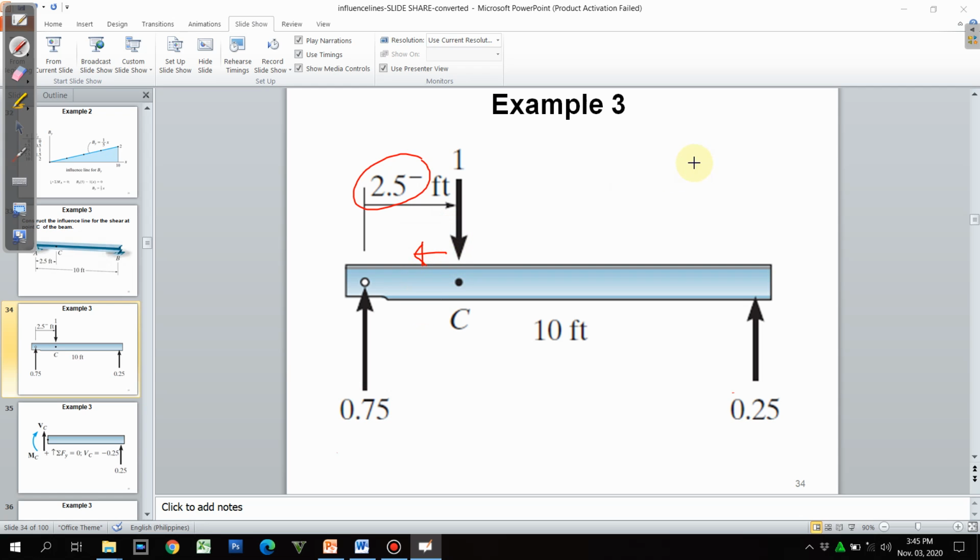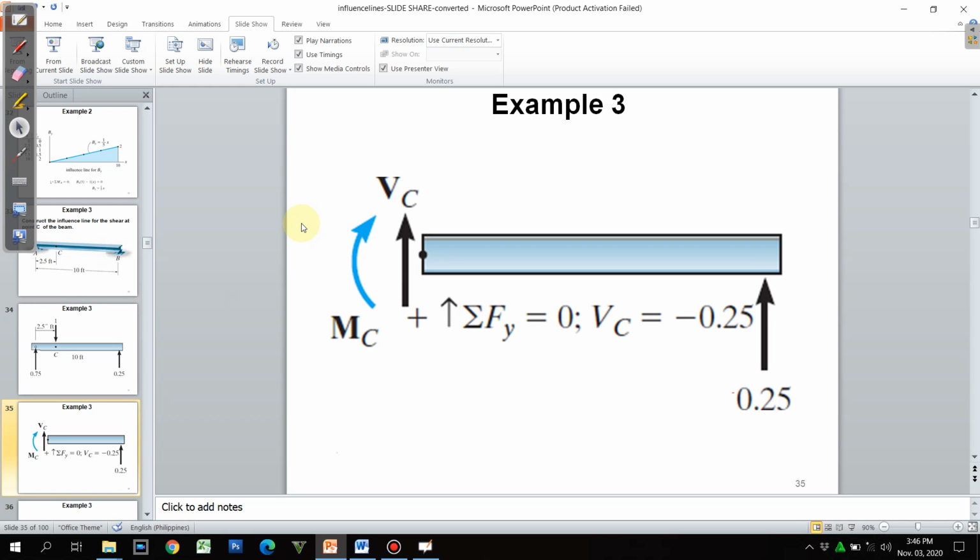Therefore, your cut section, we have a reaction. 1 here is still on the section or the cut section. And then solving for the reaction, the shear at C is negative 0.25.